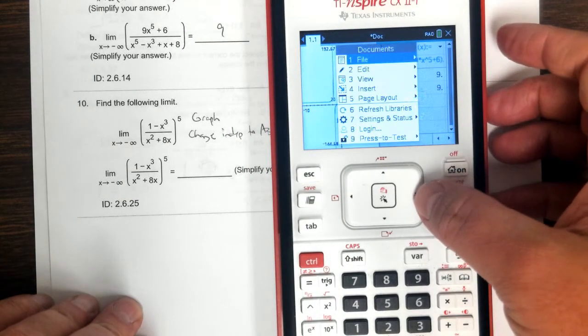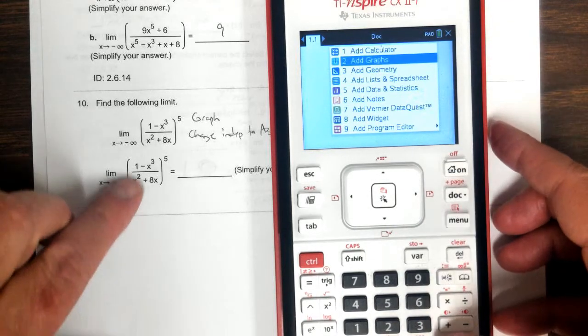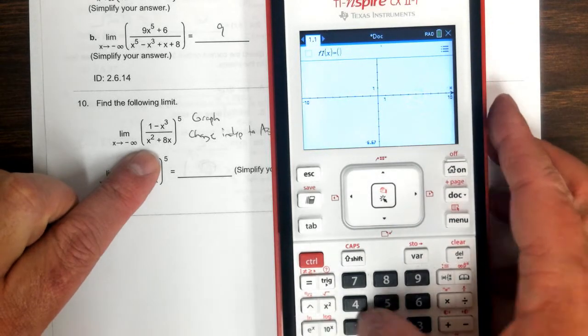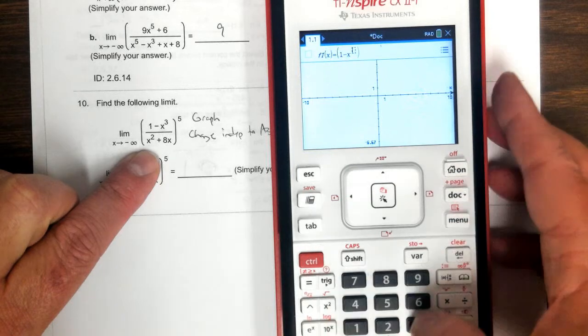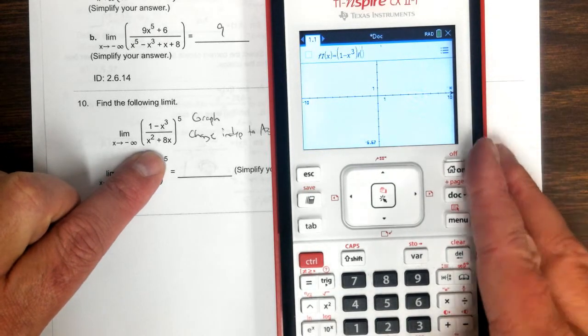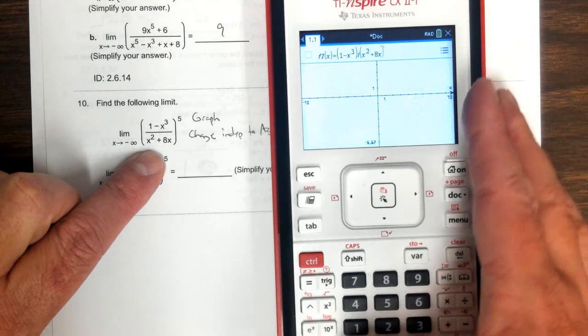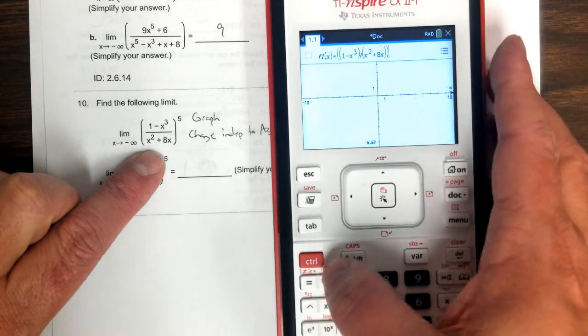So basically, 1 minus x^3 divided by x squared plus 8x. Now all of that to the 5th.